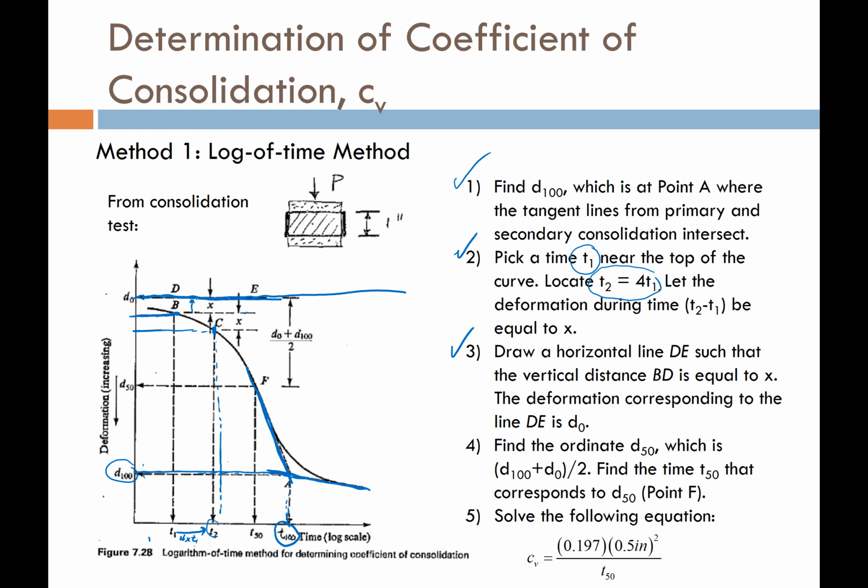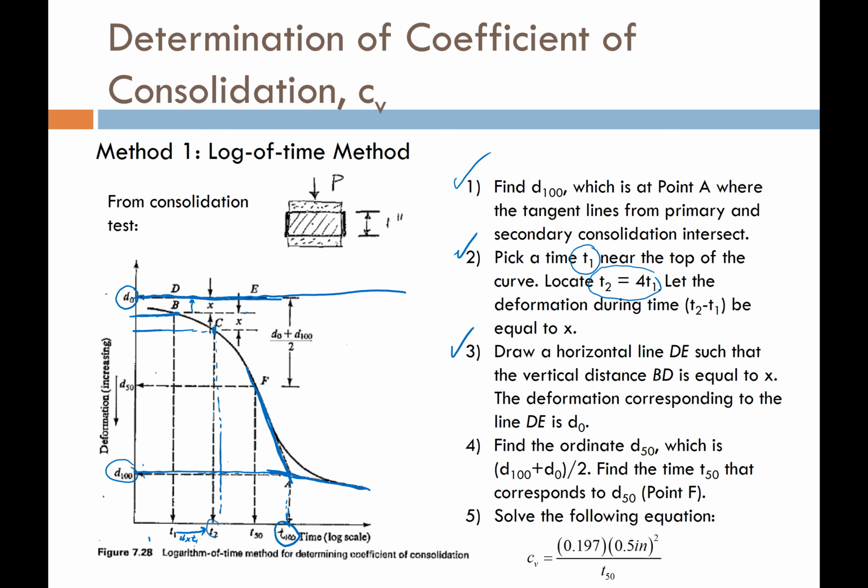We draw that straight line DE, and that deformation is what we call D naught. That's the initial deformation before we applied our load.